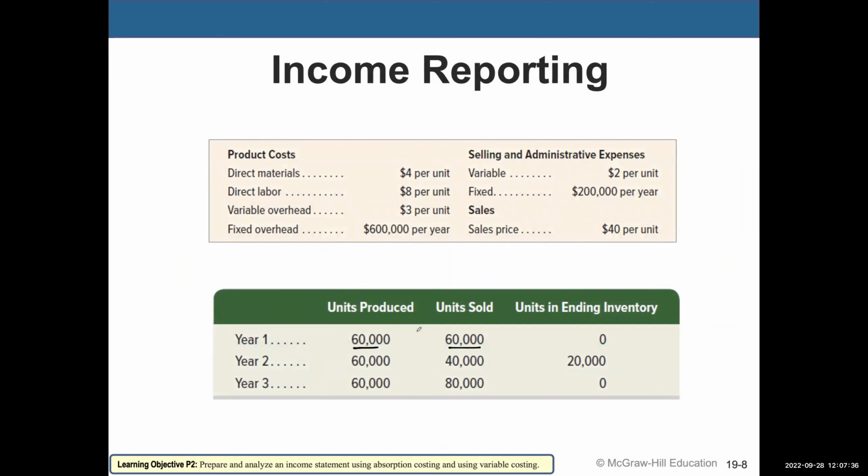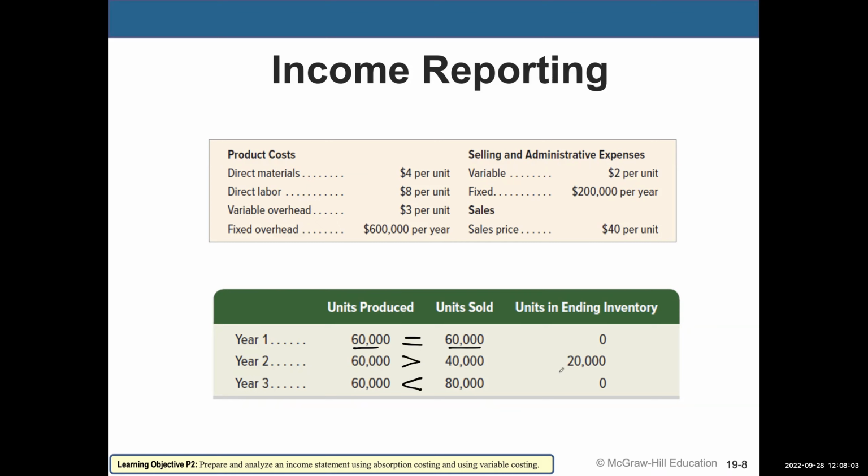And when this happens, our absorption income and our variable income will be the same. But that only happens when what we produce and what we sell are equal. In years 2 and 3, what we produce and sell are different. In year 2, we produce more than what we sell. In year 3, we sell more than what we produce.